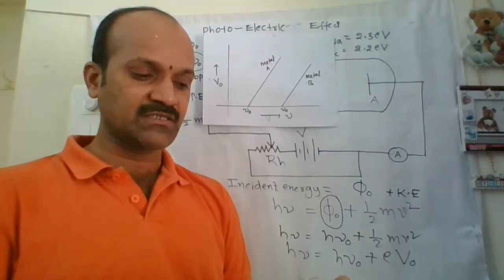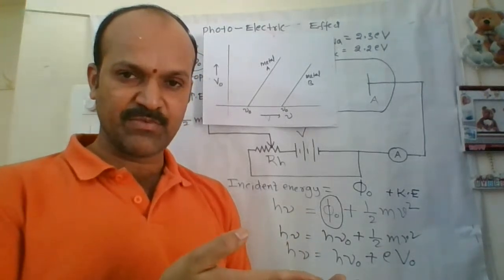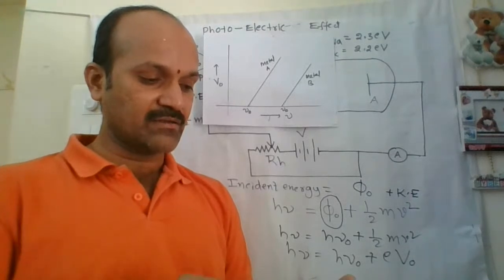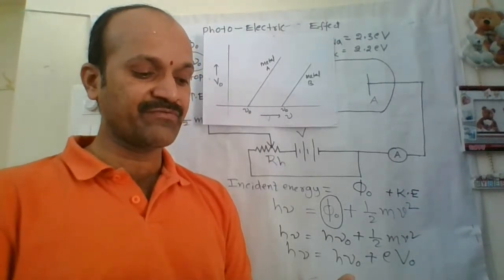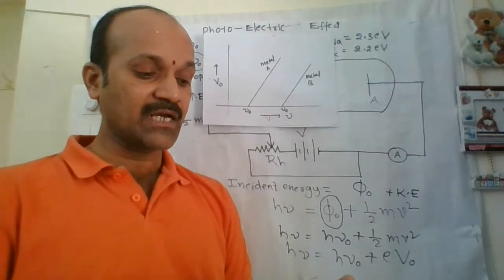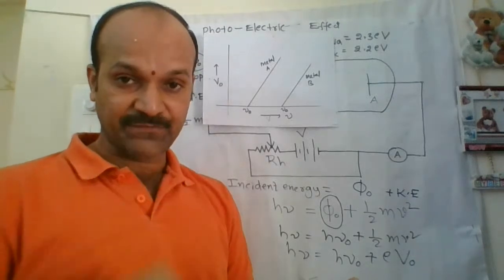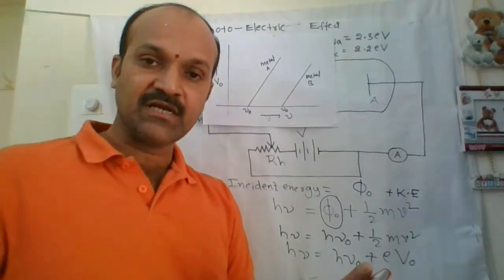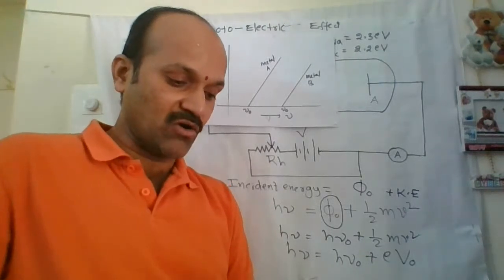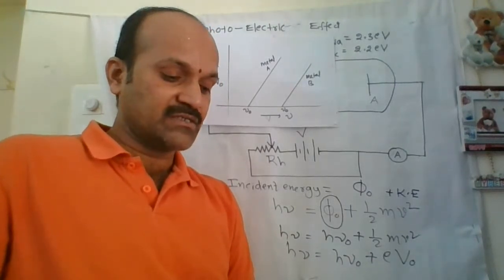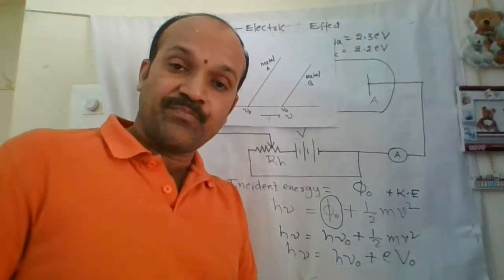That student asked the question: is quantum efficiency and conversion efficiency the same? In case of a solar cell, are quantum efficiency and conversion efficiency the same or not? Okay, that is the question.